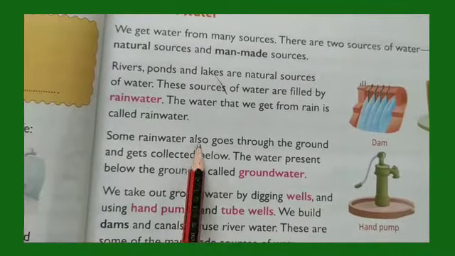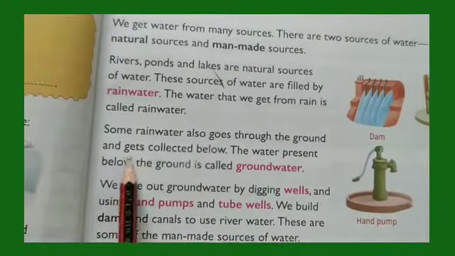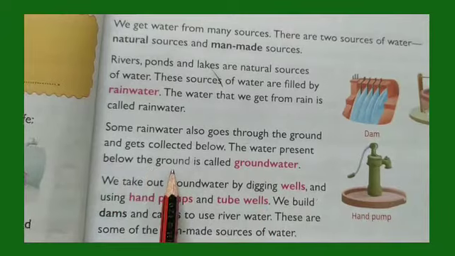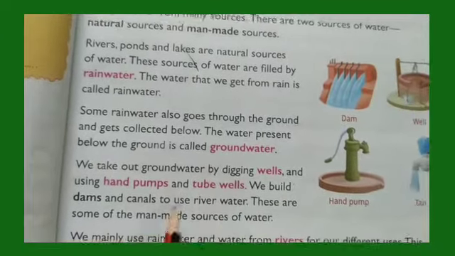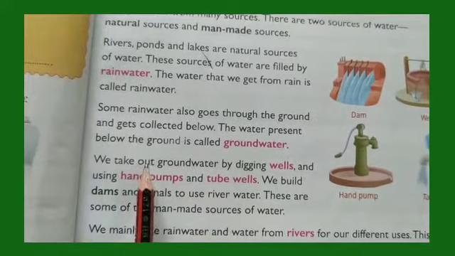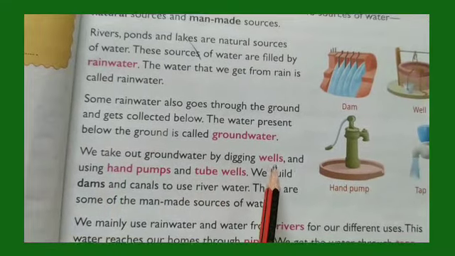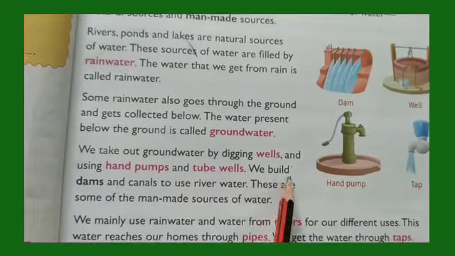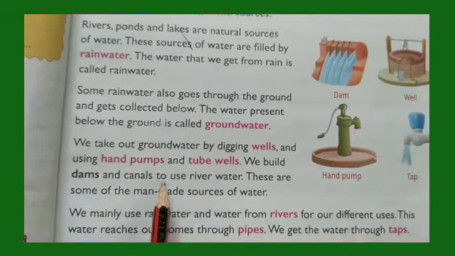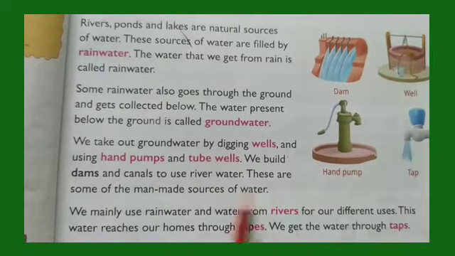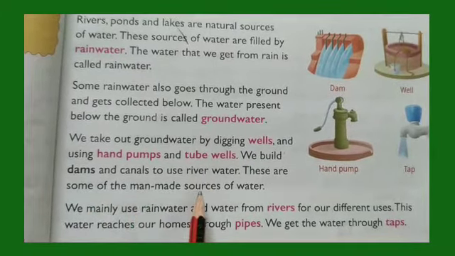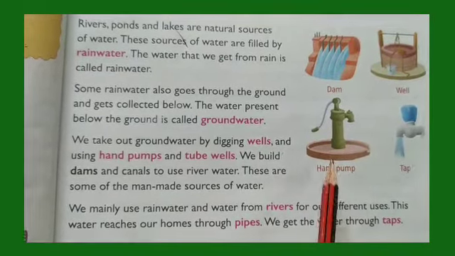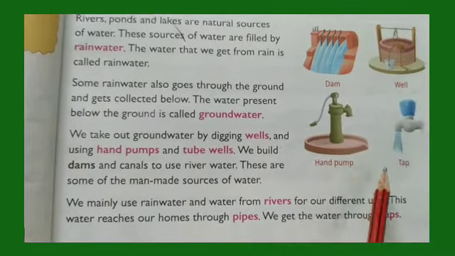Now, some water also goes through the ground and gets collected below. The water present below the ground is called groundwater. Now, we get our groundwater by digging wells and using hand pumps and tube wells. We build dams and canals to use river water. These are some of the man-made sources of water. So these are all made by man, isn't it? Well, dams, tube wells, hand pumps, taps.